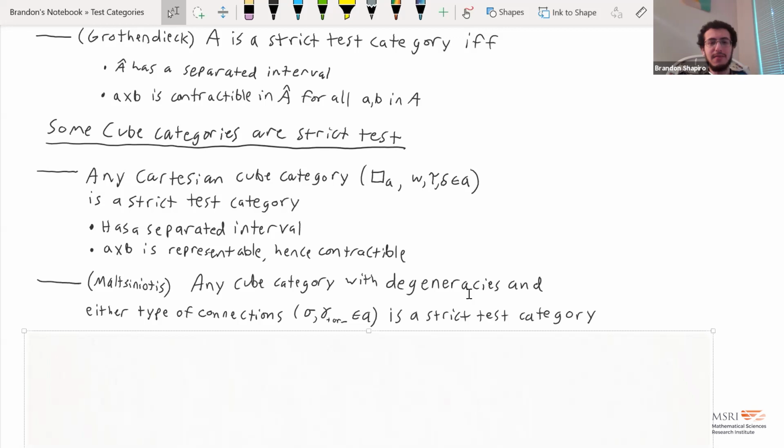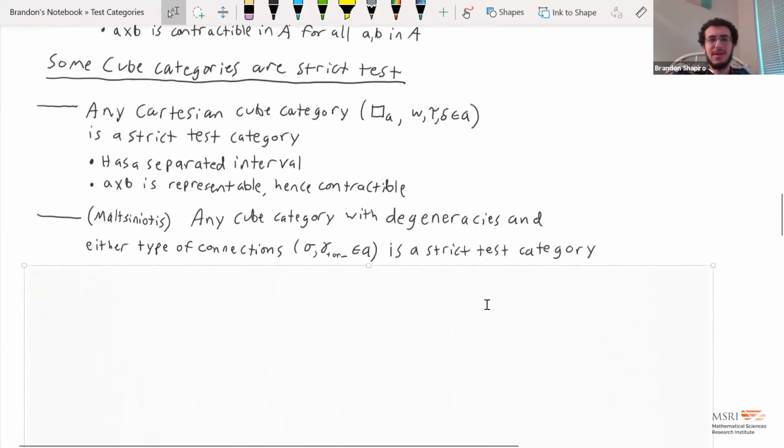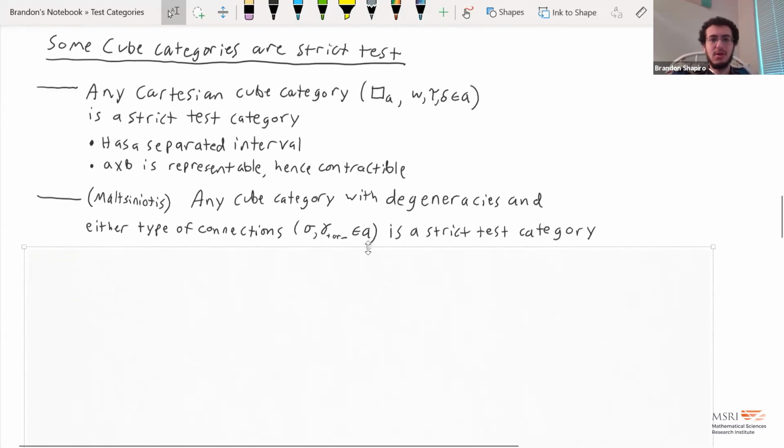Whereas when you have connections, even just one type, written plus or minus here, where I think I meant to change to 0 or 1, so I hope you'll forget that, then if you have either connection, it is a strict test category. And I'm going to walk you through a proof of that.